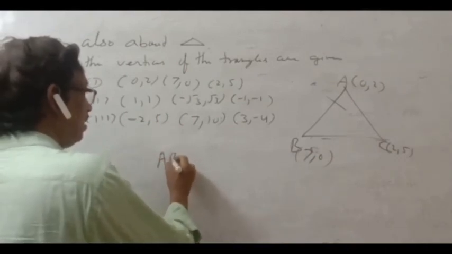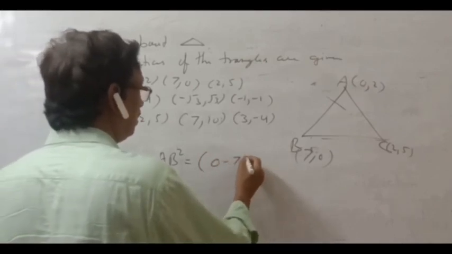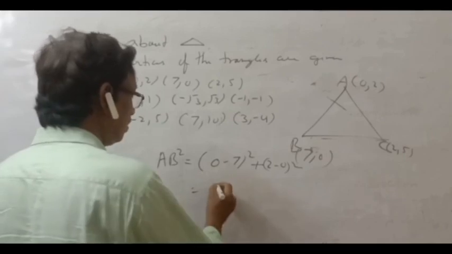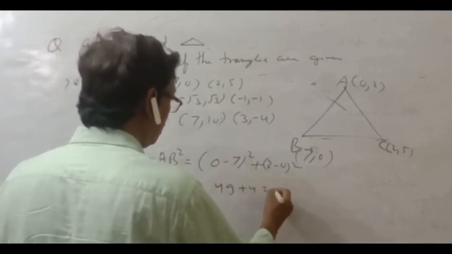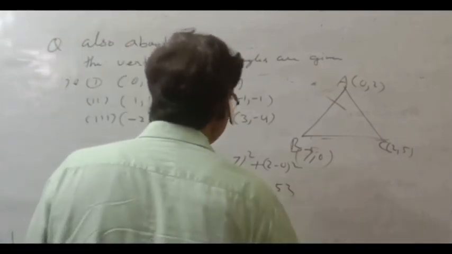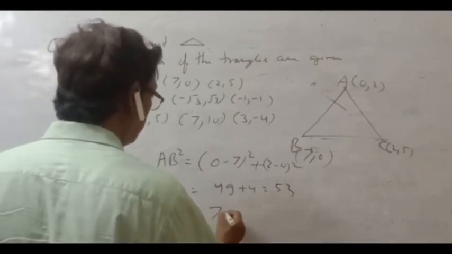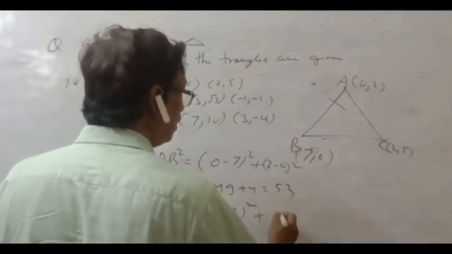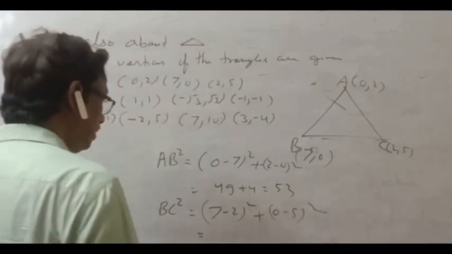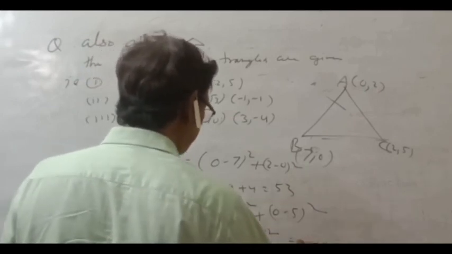Here AB square is equal to 0 minus 7 square plus 2 minus 0 square. BC square is 7 minus 2 square plus 0 minus 5 square, that is 5 square plus 5 square, that is 50.